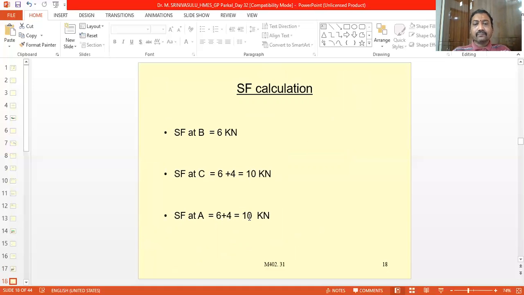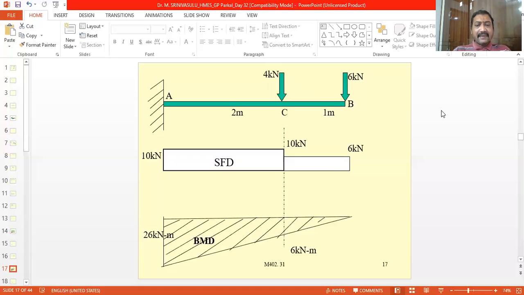So that means what is happening is at the point B, the SF is equal to 6 kN, and now from the point B to C, there is no other load. So the value of the shear force is also the same. If you take anywhere here, it will remain equal to 6 kN.